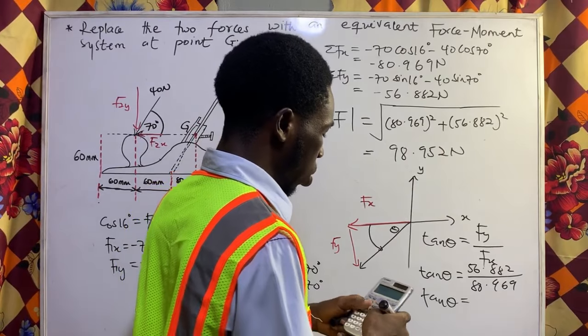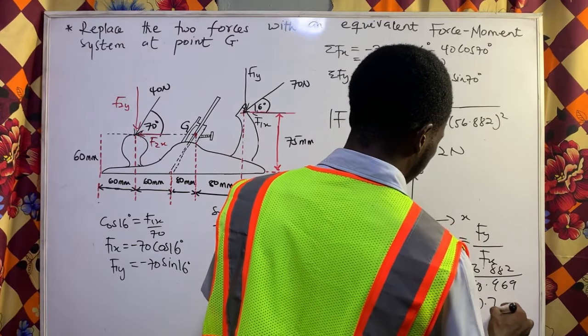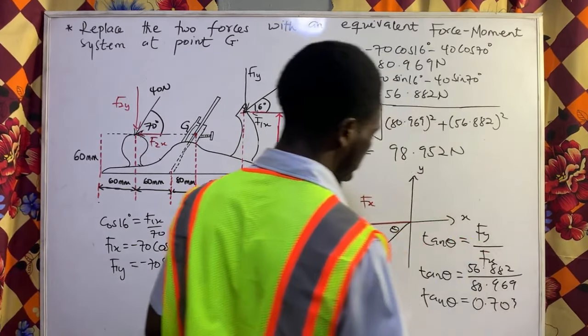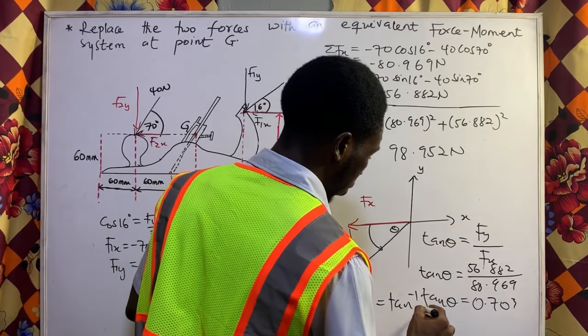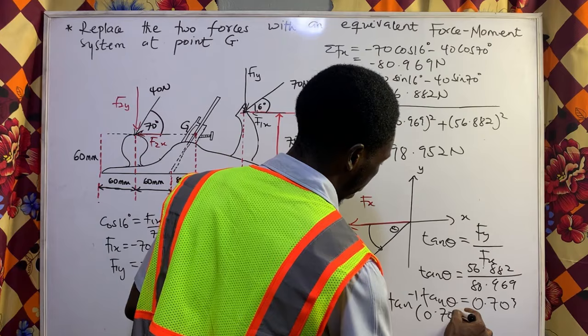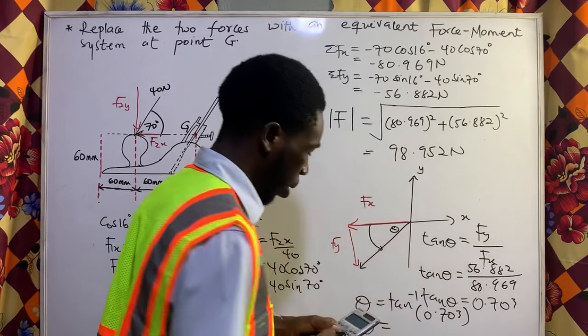This will give us a value of 0.703. So let's find tan inverse of 0.703. Let's see what I'm going to get for theta.